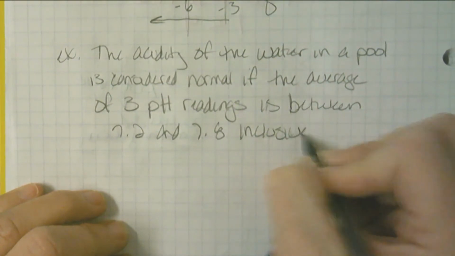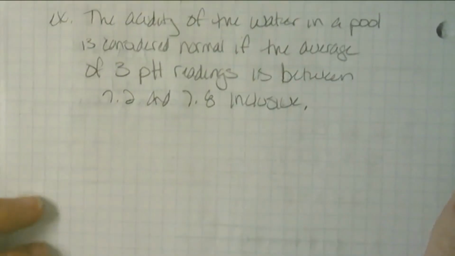That means that 7.8 and 7.2 are included in that. All right?